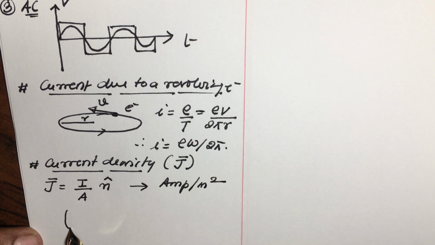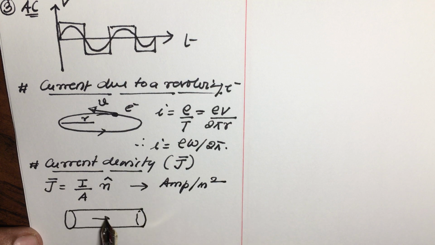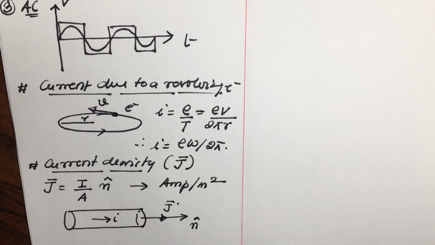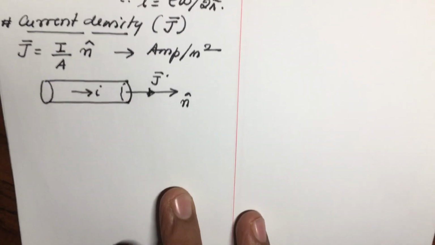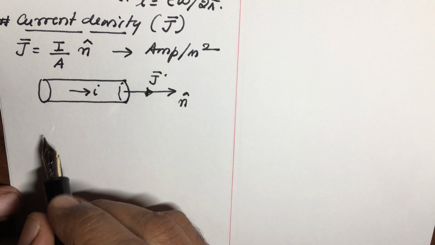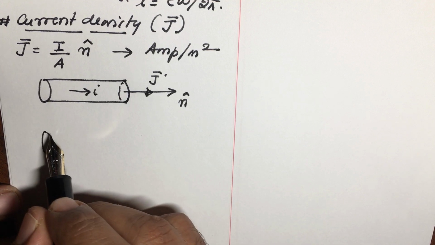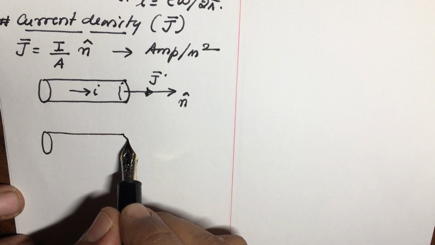So if you have a conductor like that carrying current I, then that would be your n cap, and that would be the direction of the current density. Now what if you have a conductor which is like this, like that?